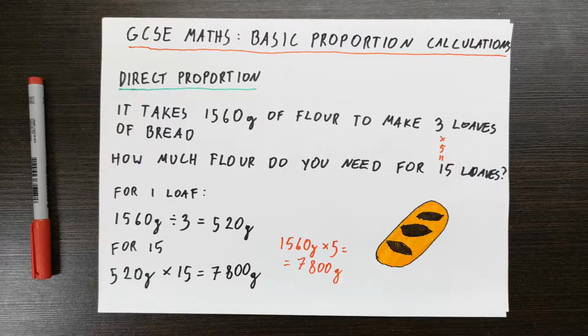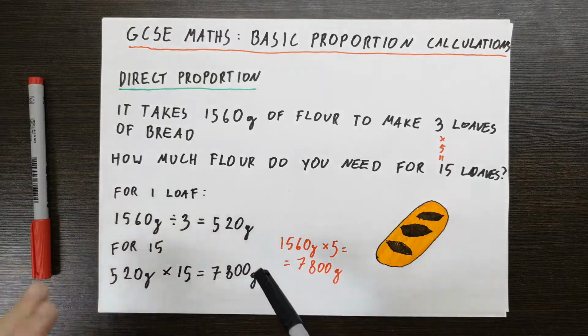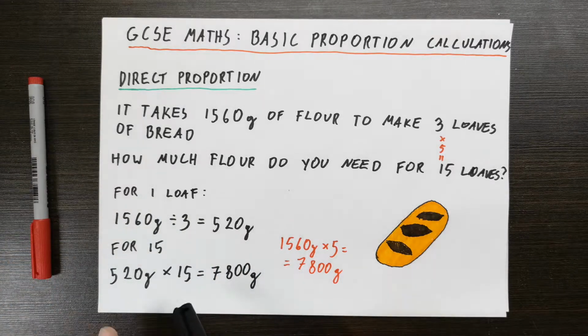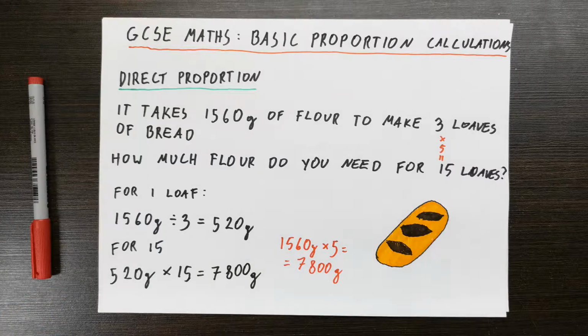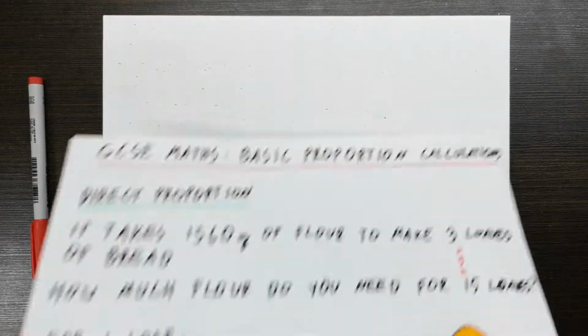So here, the amount of flour we need for one loaf, and then you multiply it through by the number of units. So here we multiply the flour needed for 1 loaf by 15 to give us the amount of flour we need for 15 loaves. So that's it for direct proportionality. That was a relatively simple question. Now, what about more complex questions, especially ones that deal with inverse proportion? We will move on to that.